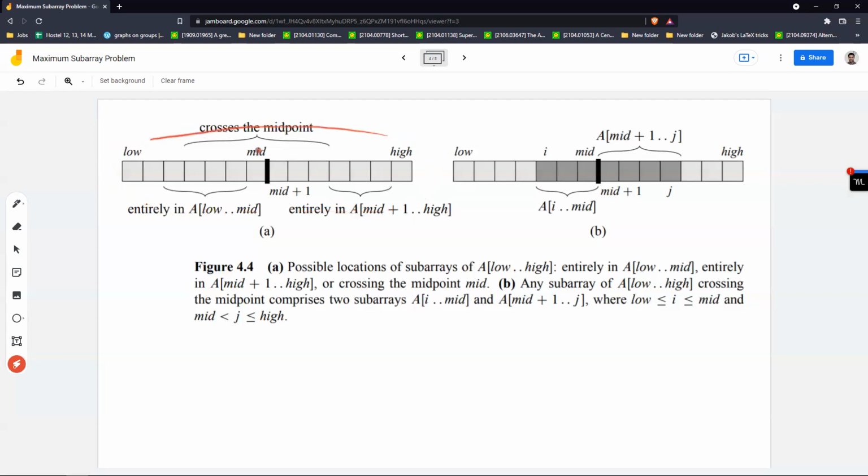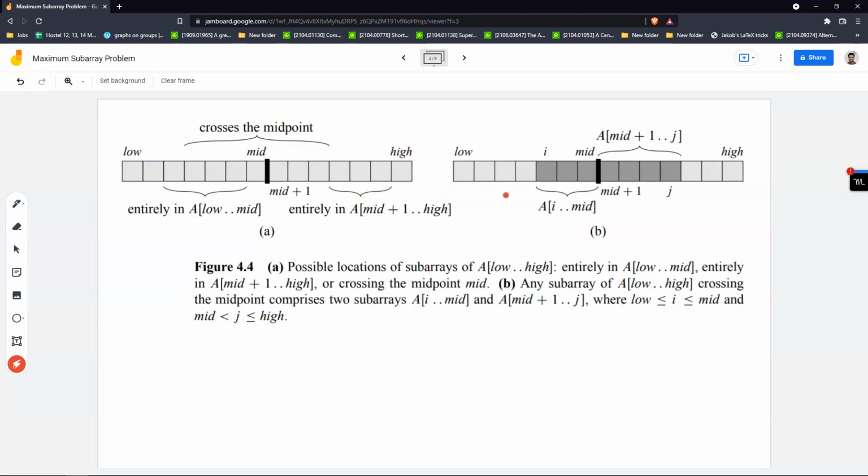The other values are not important. Second possibility, symmetrically, is that a maximum subarray of A low to high is contained in just A middle plus 1 to high, just this part.